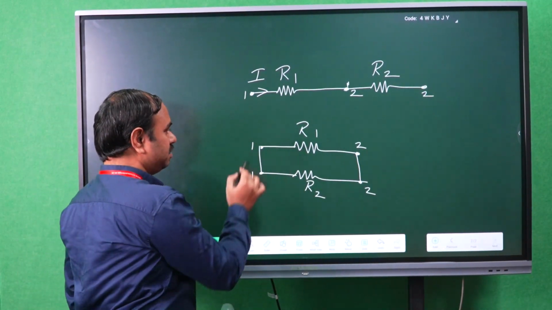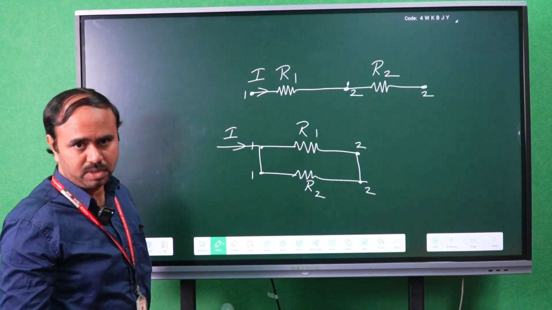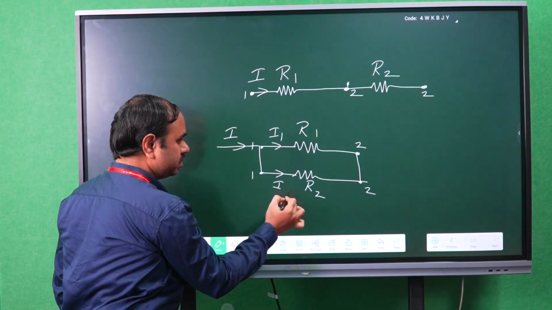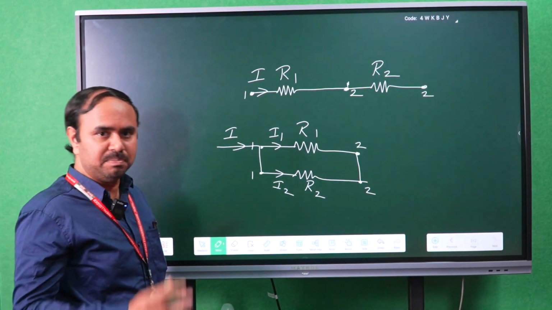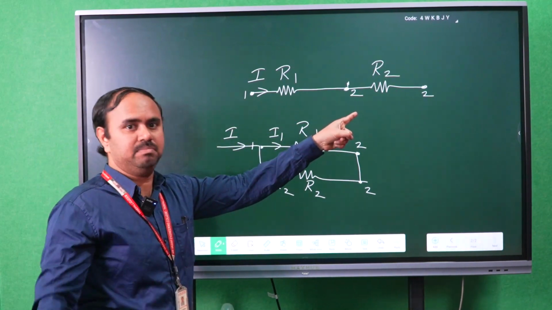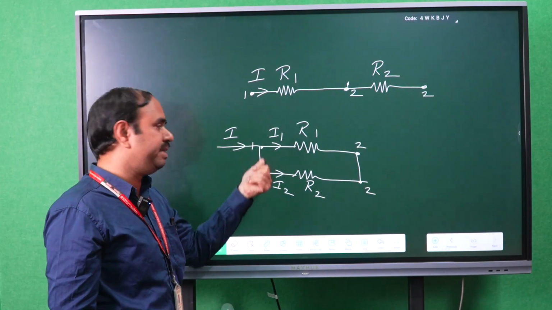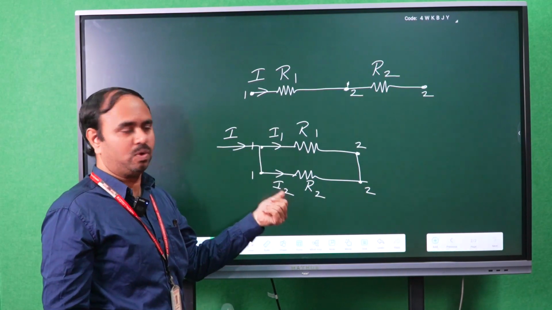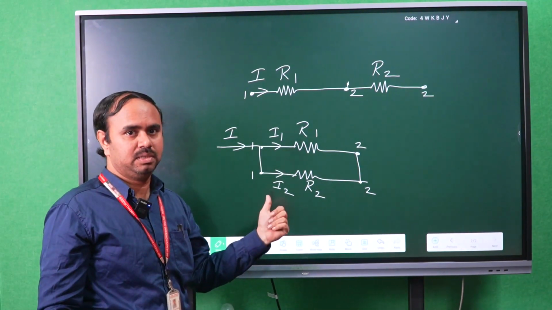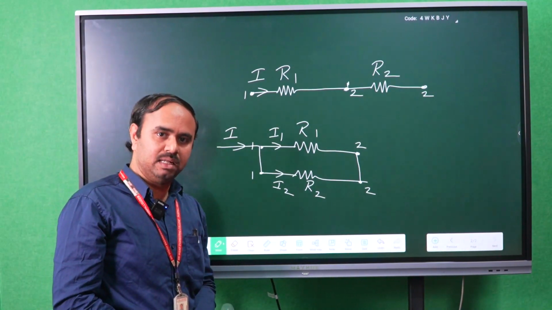Whereas in parallel, the current will be divided into I1 and I2. So the current flow in a series circuit will be the same, whereas in a parallel circuit, the total current I is divided into I1 and I2. So this is the main difference between series and parallel circuits.